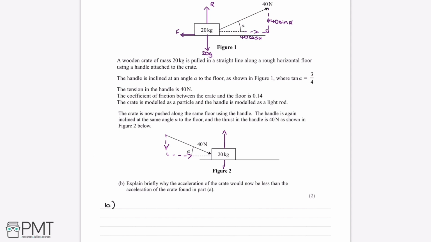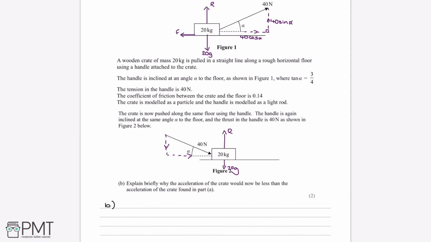In figure 2, if we do the exact same thing, resolving upwards, we would have R acting in this direction, but then we would have this component and the weight both acting against it, instead of just the weight acting against it and the vertical component acting in the same direction. So now we have fewer things acting in the same direction as the reaction force.